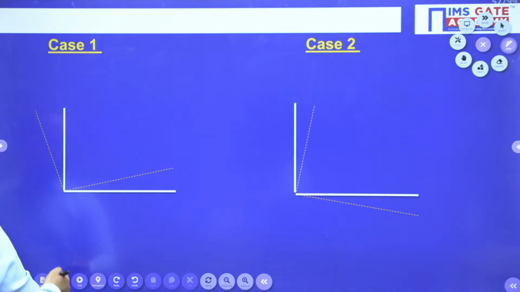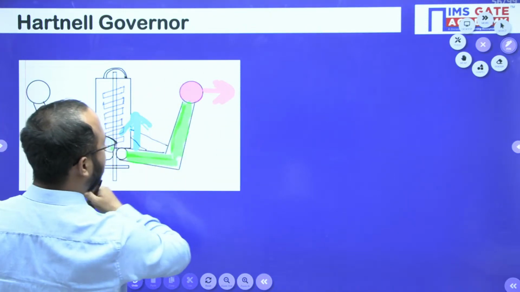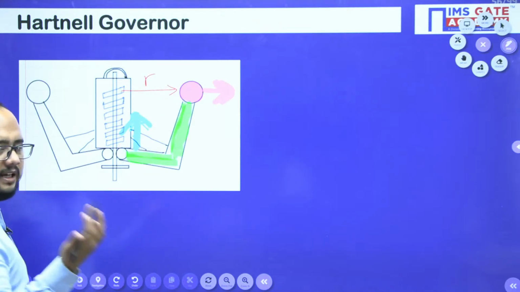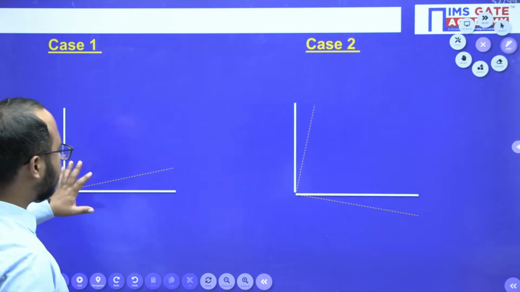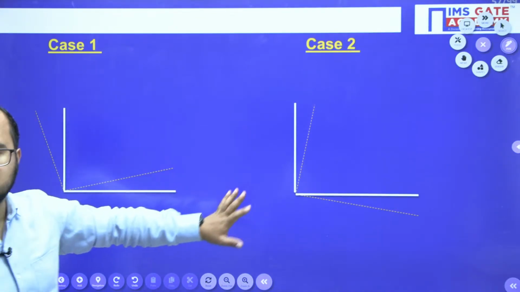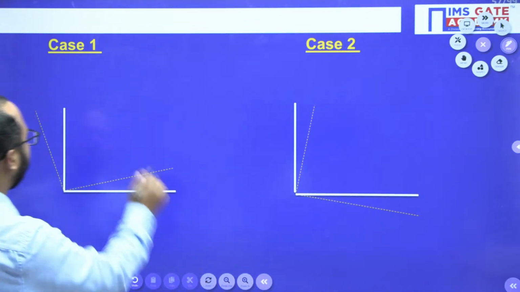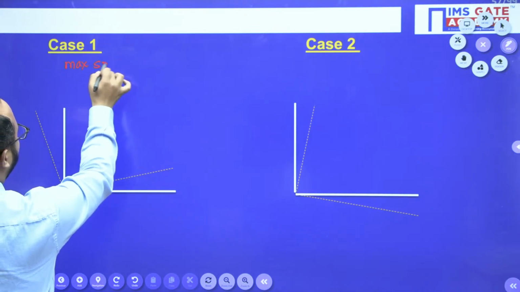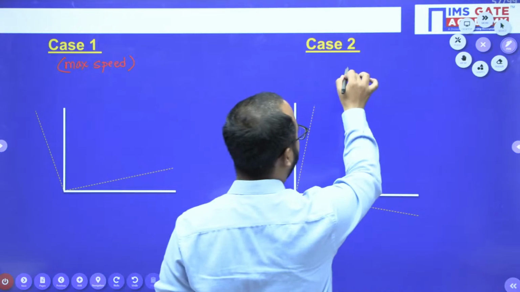When the speed increases, the ball will have a much larger radius of rotation, and when the speed decreases, the radius of rotation decreases. So obviously this case belongs to the maximum speed of rotation, and this case belongs to the minimum speed of rotation, right? I will mention here also, it is the case of maximum speed of rotation and this is the case of minimum speed of rotation.